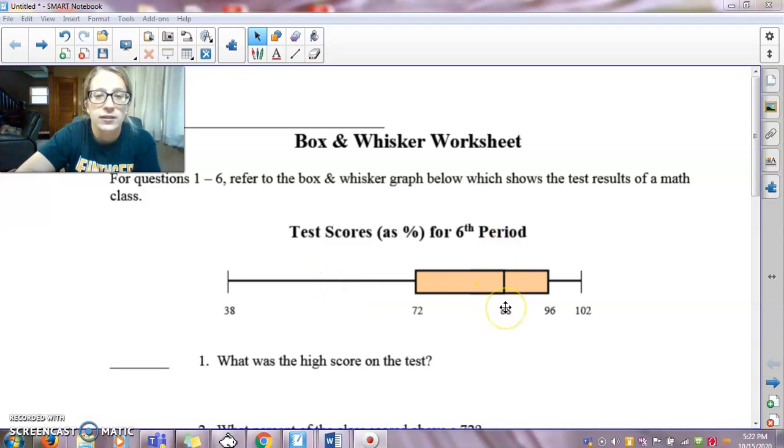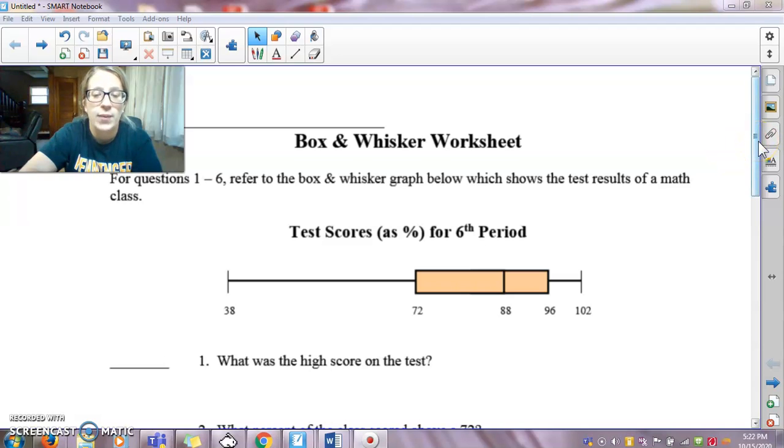We have our median, which is also sometimes called the second quartile because it's the second line in the box, and that means the middle value that is in your data. We have our third quartile, Q3, also called upper quartile, and that represents the middle of the larger side of our data. And then last but not least, we have our maximum, which is your largest value that you have.